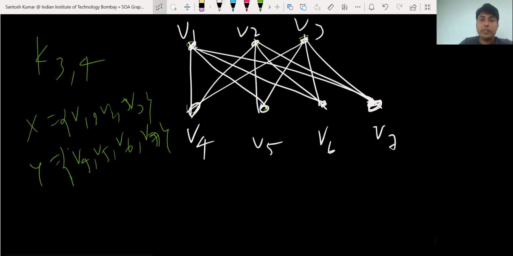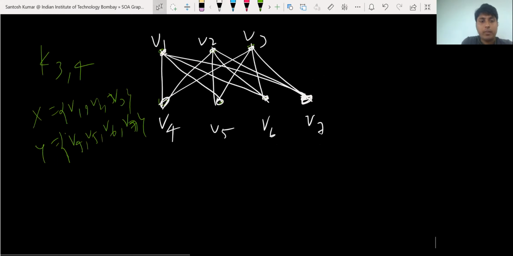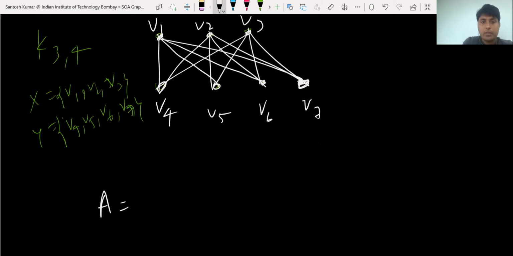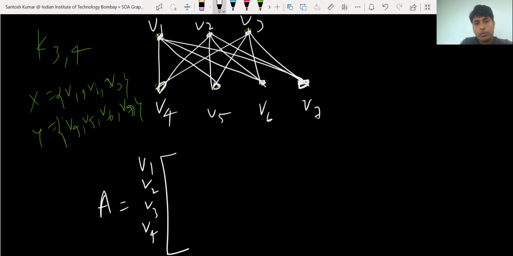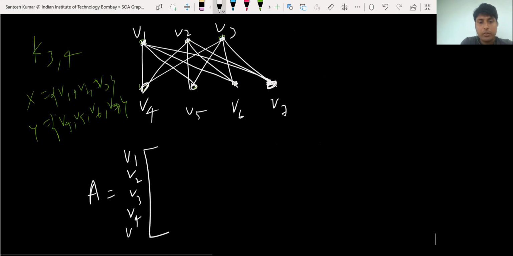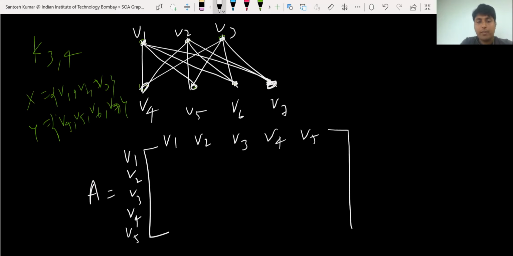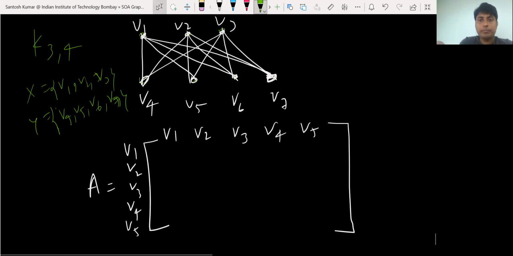Now I want to make the adjacency matrix. So we have V1, V2, V3, V4, and V5. V1 with V1, 0. V1 with V2, 0. V1 with V3, 0. V1 with V4, 1. V1 with V5, 1.